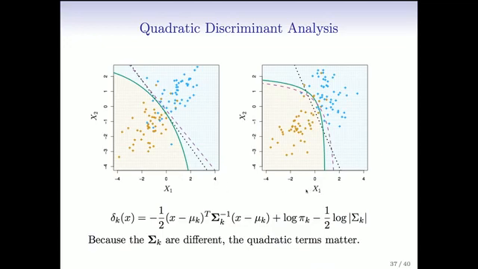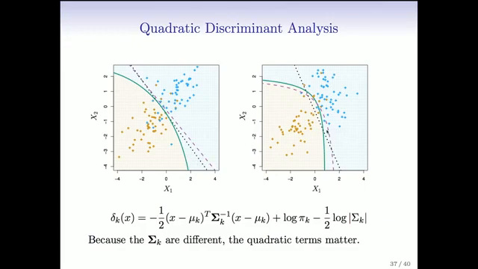Okay. And so in the left plot here, we see a case when the true boundary really should be linear. That's the dotted curve. And in this case, of course, linear discriminant analysis does a good job. Quadratic discriminant analysis curves somewhat and gives a slightly bent boundary, but it won't really affect misclassification performance much.